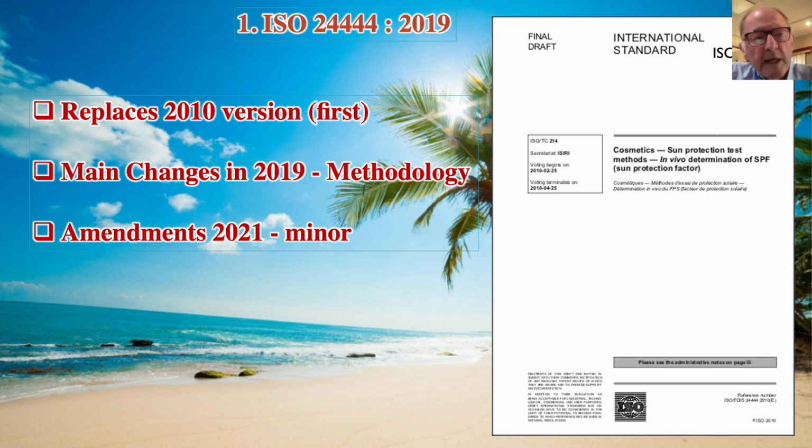There were a few little changes in an addendum that was published after that, and the main changes are all to do with methodology. ISO standards for sunscreen testing are purely methods for testing. They don't regulate, only by implication in some countries, but essentially they're how to do it and not so much what to do with it.